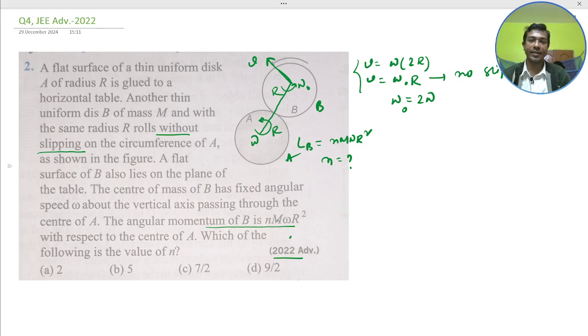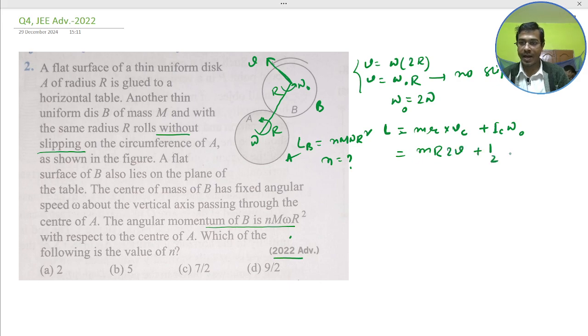So you have to now find the angular momentum L, that I just did in the chapter summary class, that here the translational as usual as the rotational. So m r v c plus I c omega c, that is omega c means omega naught. Just put this value. So m r 2 v plus half m r square omega naught.